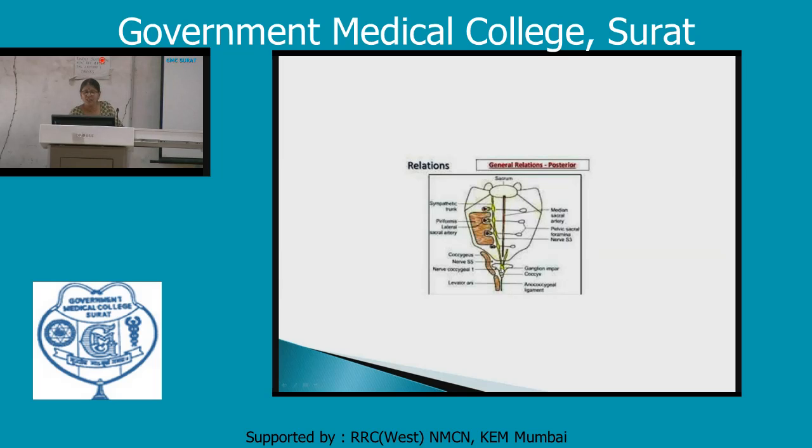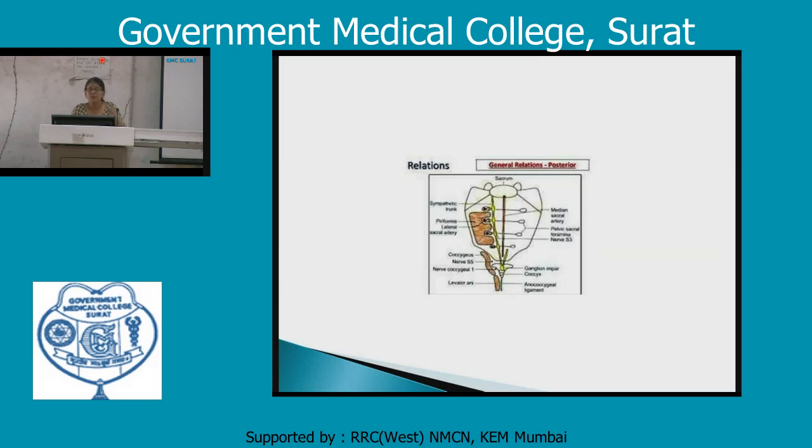This is the piriformis muscle, this is the coccygeus muscle, and the levator ani muscle. The coccygeus and levator ani form the pelvic diaphragm, and this is the muscle of the lateral pelvic wall. So these are the posterior relations, the sacrum and structures in front of the sacrum. They all lie posterior to the rectum.